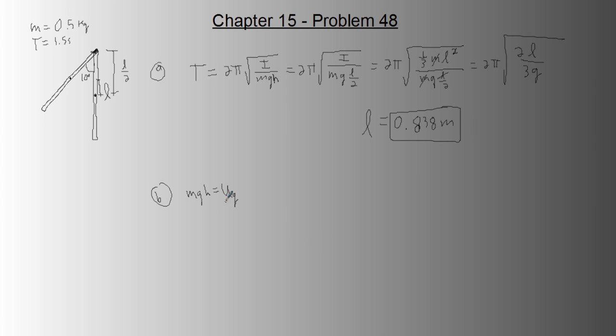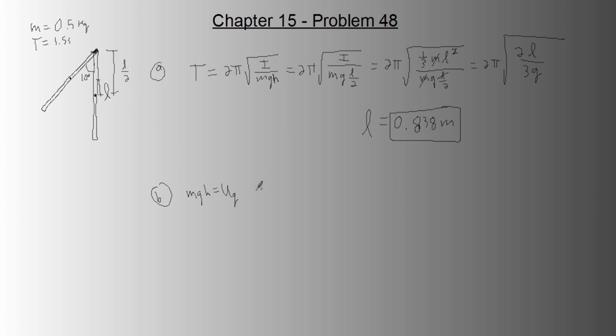Now, part B is asking, what's the maximum kinetic energy? Which, by the way, happens at the lowest point, right? Maximum potential, no kinetic because it's stopped. Speeds up, lose potential, gain kinetic, maximum kinetic, lowest point. So here gravitational potential is turning into kinetic.